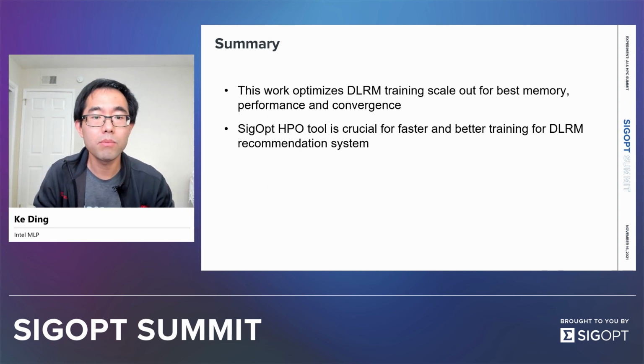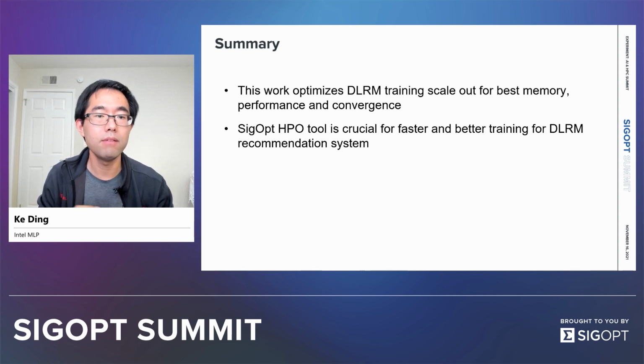Okay, now let's summarize what I talked about today. First, we demonstrated how we optimize the DLRM training workload on a Xeon cluster and get a balance among compute, memory, and communication to achieve efficient scale out.